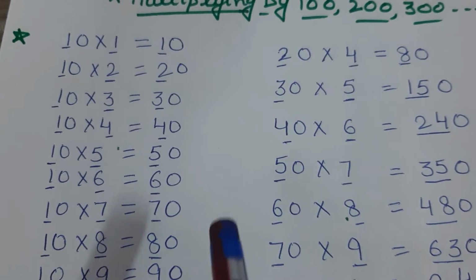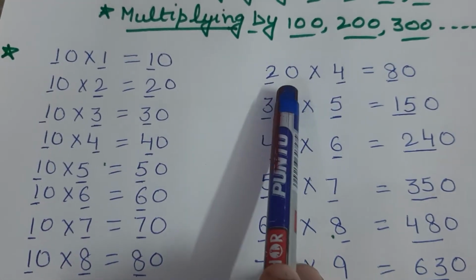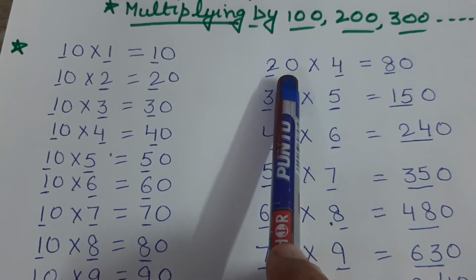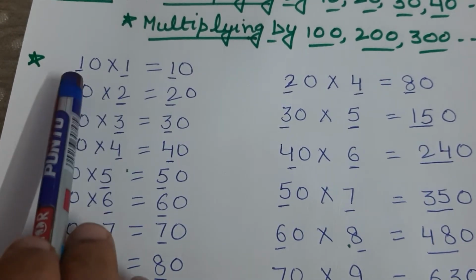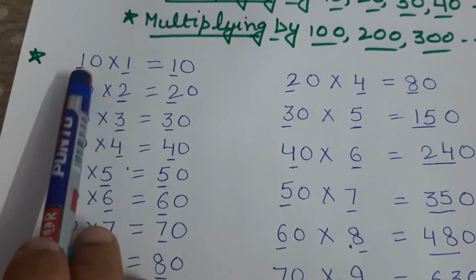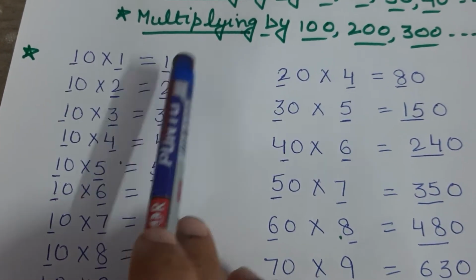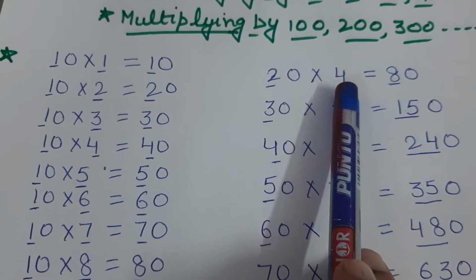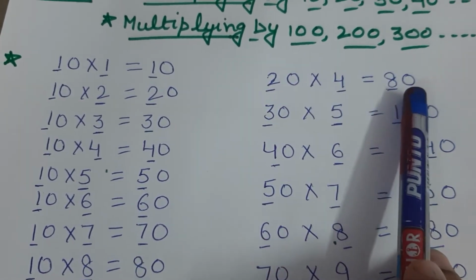Next, if we continue this pattern, if in place of 10 I am taking 20 here, and I ask you 2 fours, you follow the same pattern. We multiply these two numbers and write this 0 at ones place.